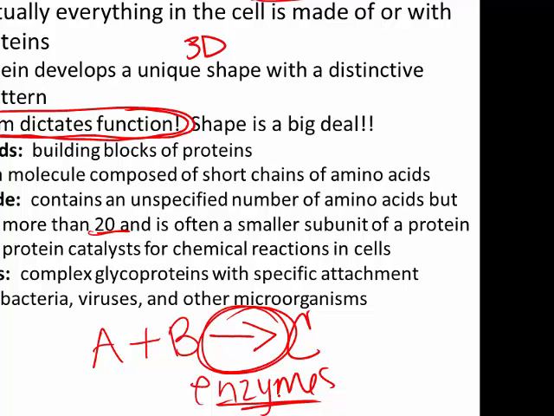Antibodies themselves are actually glycoproteins, which is a lipid, which was the very end of the last chapter. I'm sorry, a sugar, which was the end of the last unit. So glycoproteins, sugars and proteins complex together. So when we talk about antibodies actually being used to attach to things like bacteria or viruses, those antibodies actually have a very important protein component to them.